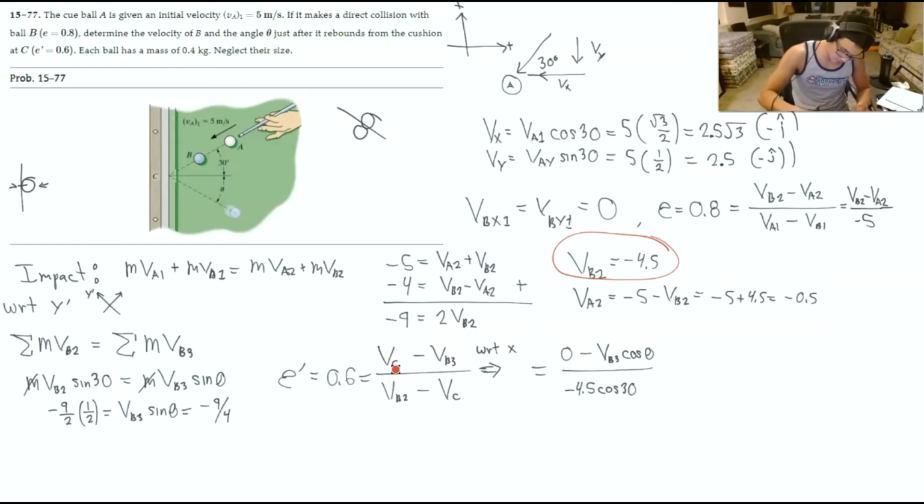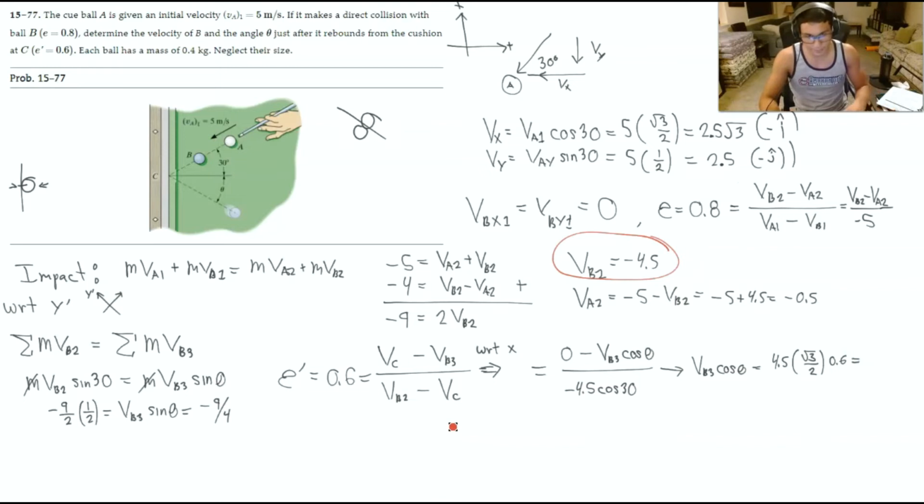So then we see that VB3 cosine theta, so this is a negative here, divided by negative, the negatives can go away. VB3 cosine theta is going to be this times this. So negative 4.5 cosine 30. So 4.5 cosine 30. Cosine 30 is square root 3 over 2 times 0.6.